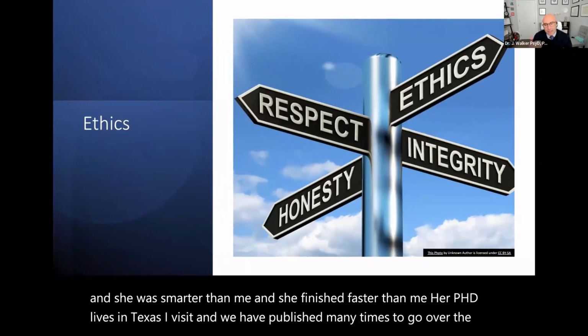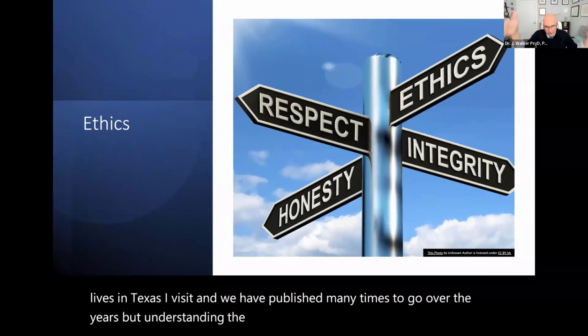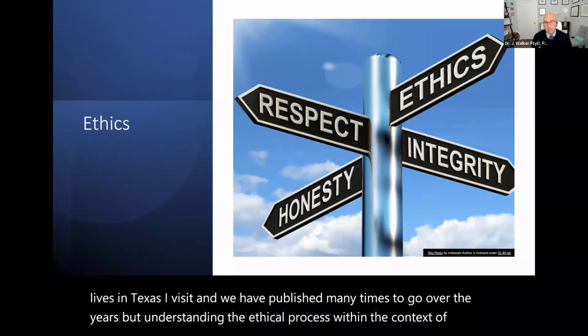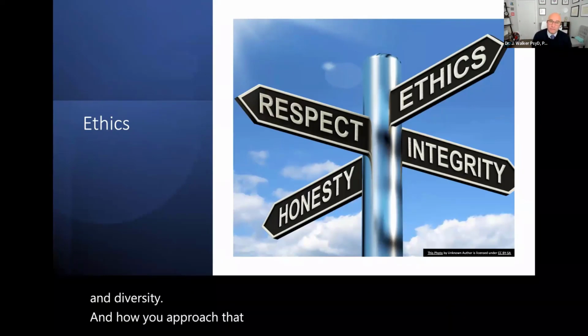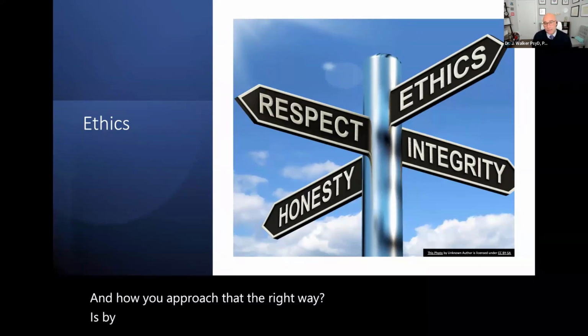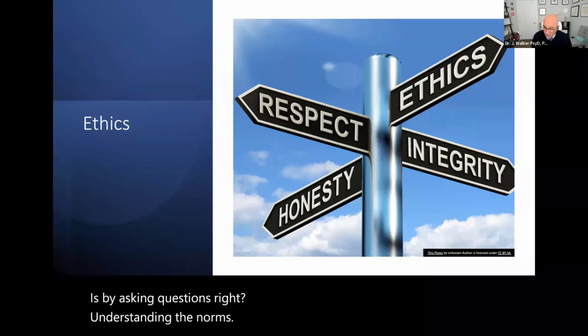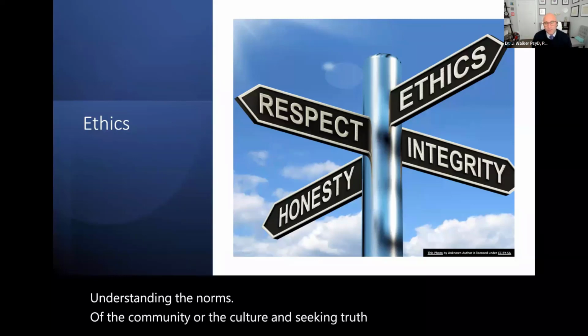But understanding the ethical process within the context of culture and diversity, and how you approach that the right way, is by asking questions, right? Understanding the norms of the community or the culture, and seeking truth and knowledge to avoid error.